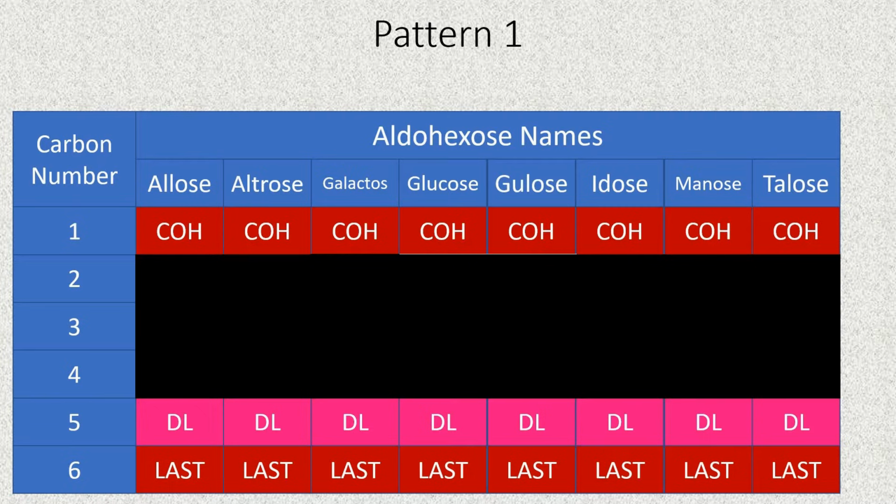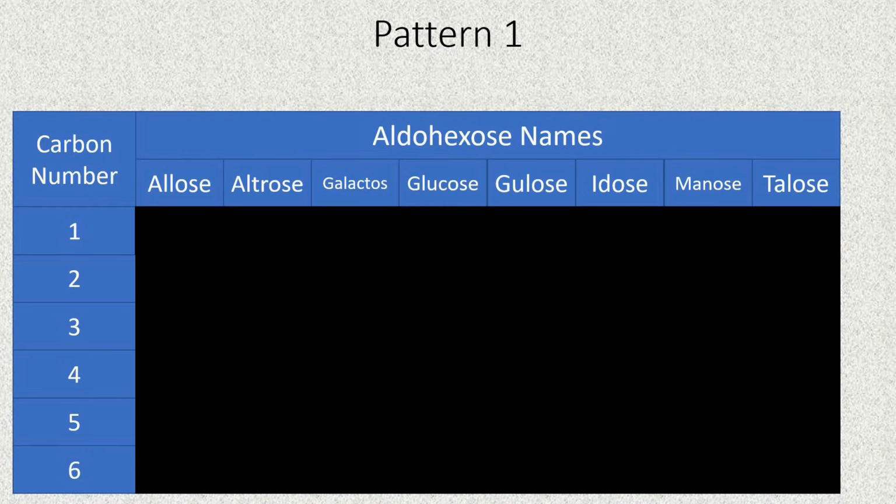If you change it to the left side, it will still remain glucose, but only the enantiomeric form will change. At first, when it was on the right side, it was the dextro sugar, dextroglucose. When the hydroxyl group was changed to the left side, it became the L enantiomer of the glucose sugar. So let's hide these 3 carbons, because we are not taking them in our pattern today.